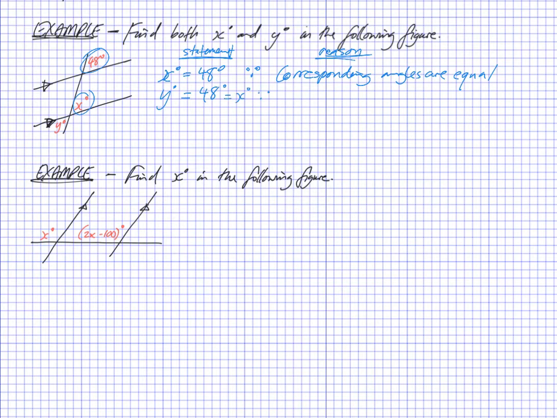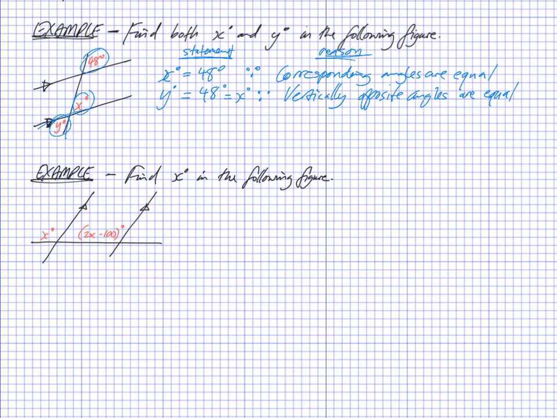Why is that? Because y and x are vertically opposite each other, as you have two straight lines intersecting and they're across from each other. So y is 48, equal to x, because they're vertically opposite angles. And vertically opposite angles are equal.